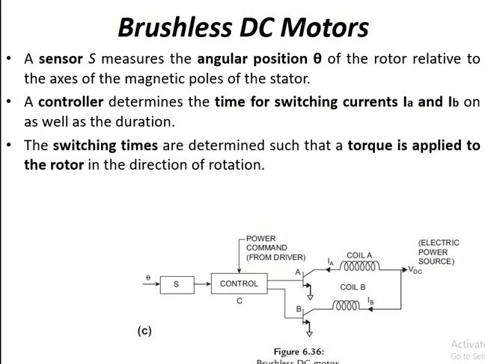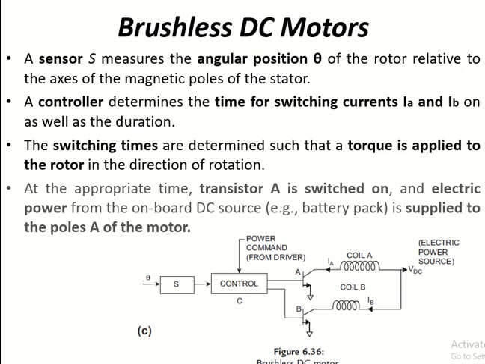The switching times are determined such that a torque is applied to the rotor in the direction of rotation. At the appropriate time, transistor A is switched on and electric power from the onboard DC source, for example the battery pack, is supplied to the poles A of the motor.